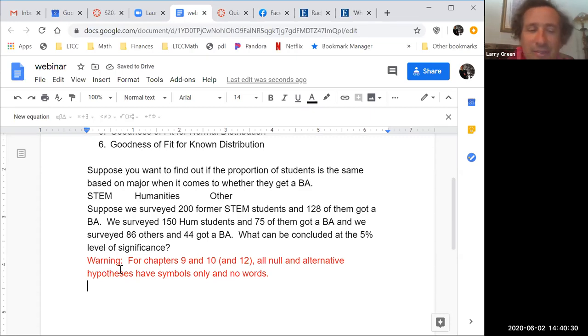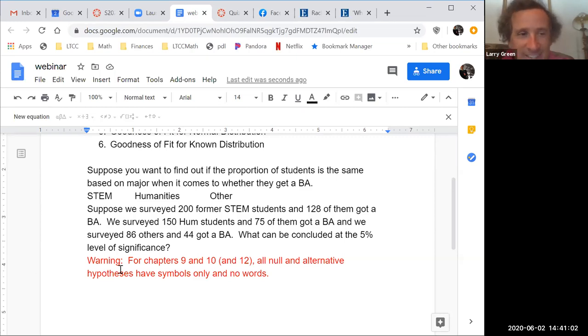Again, this is one of those warnings that you won't even think about, because that's what you've been doing, right? But why am I giving you this warning in deep red? Any thoughts? Any guesses? Okay, I don't see it.